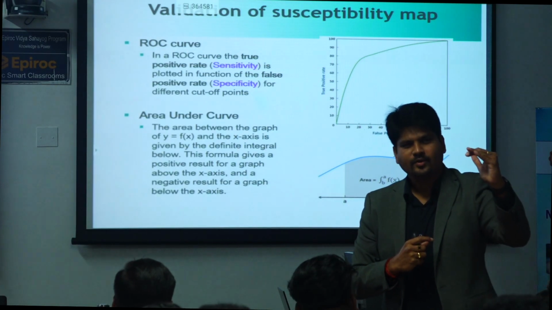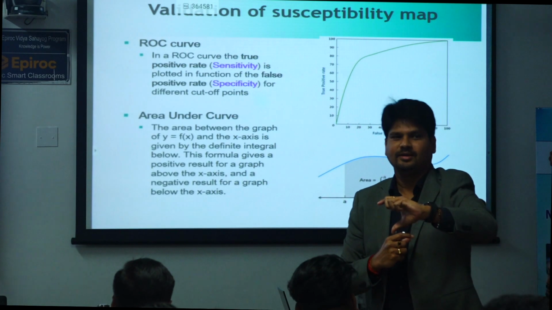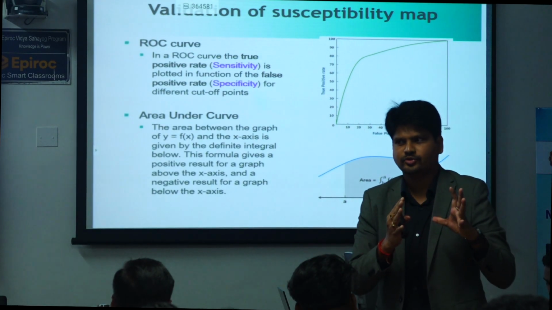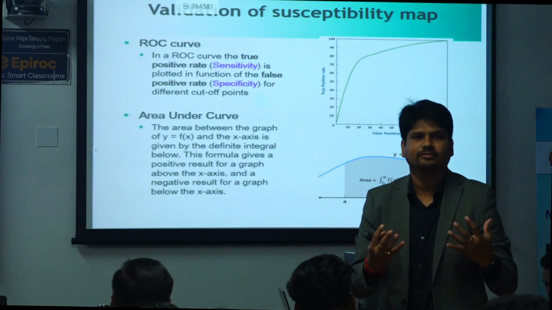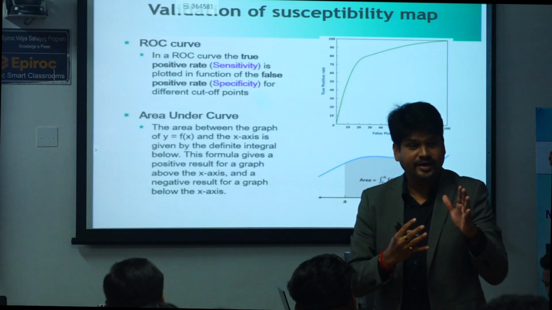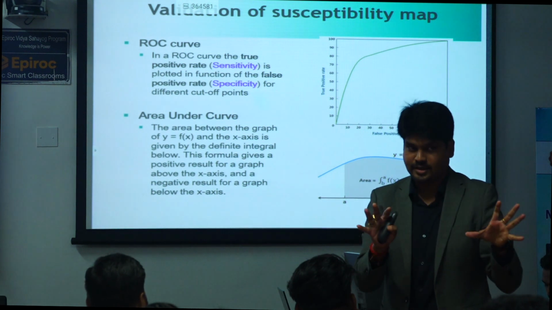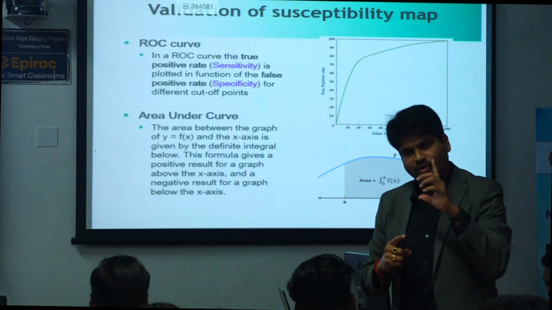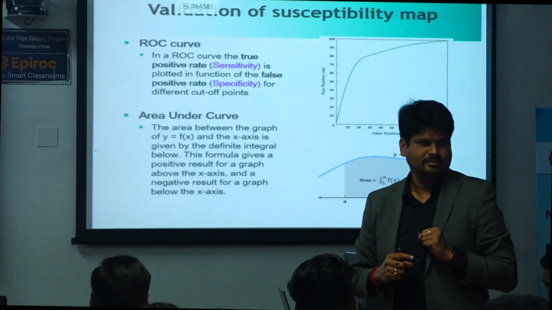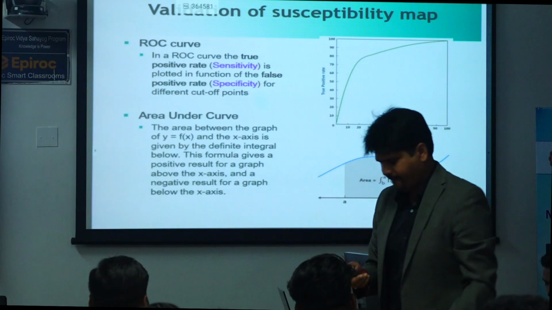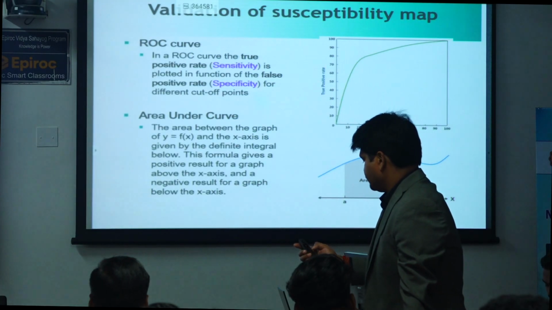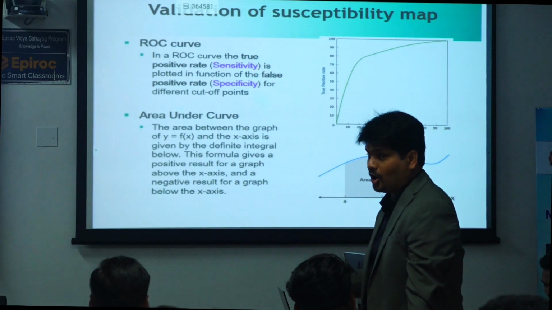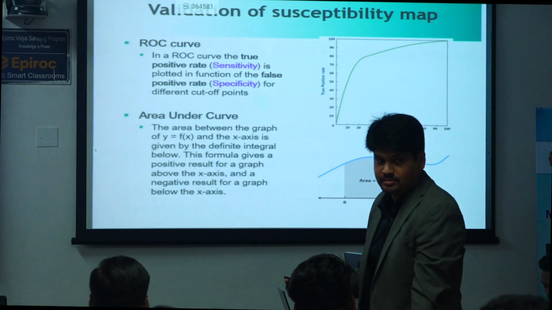Success rate would be when you use the training data versus your output. That means this is the data that you have used to build the model. Now what is the success rate? Okay? But the prediction rate is using the data that you have not used. Now you are using it against the output, the graph that you get, that is called the prediction rate. Okay? Right? But remember that you are just using the test data, not all 100%. Okay?